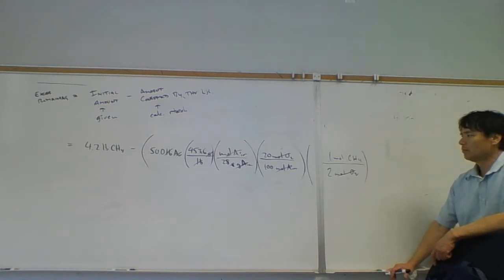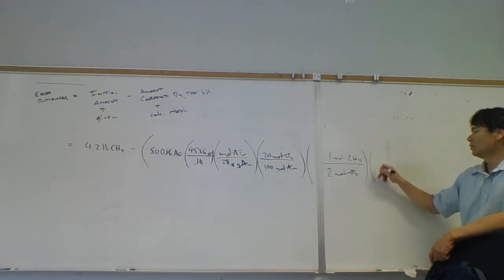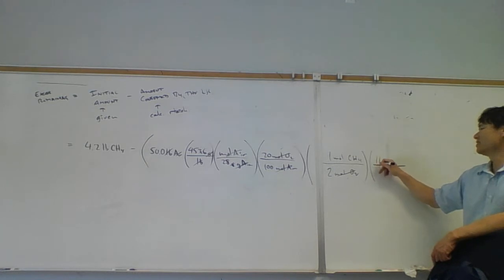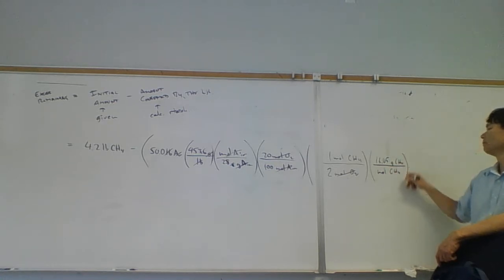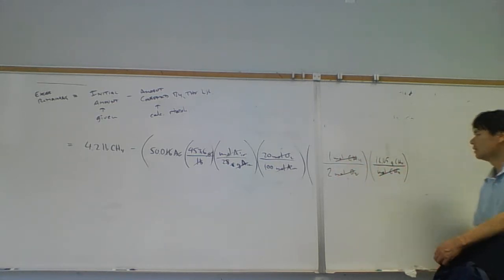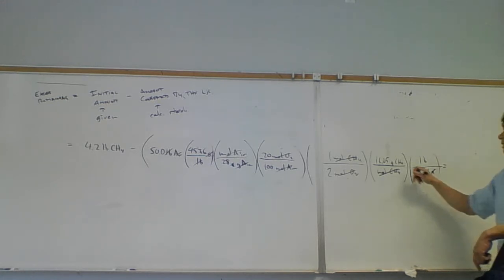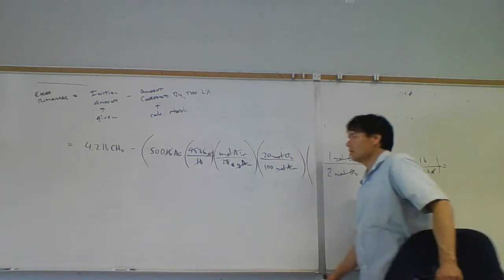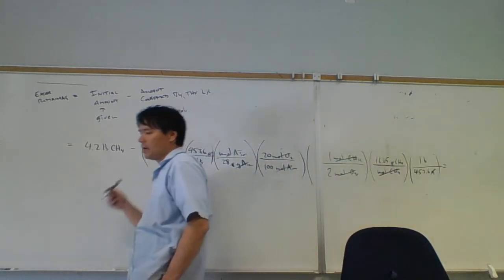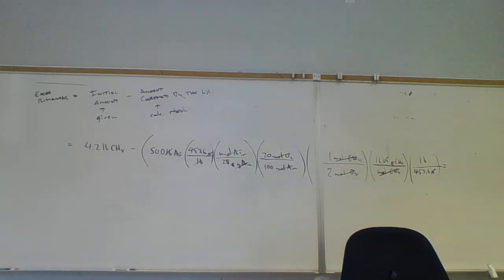So now we did our mole to mole conversion. Now we're going to go to mole to gram conversion. So this is going to be 16.05 grams of methane per mole of methane. And then we'll go from grams to pounds. 1 pound is equivalent to 453.6 grams. Okay, and then that takes us to pounds of methane. So what I'm calculating here is the number of pounds of methane that will react with 50 pounds of air.